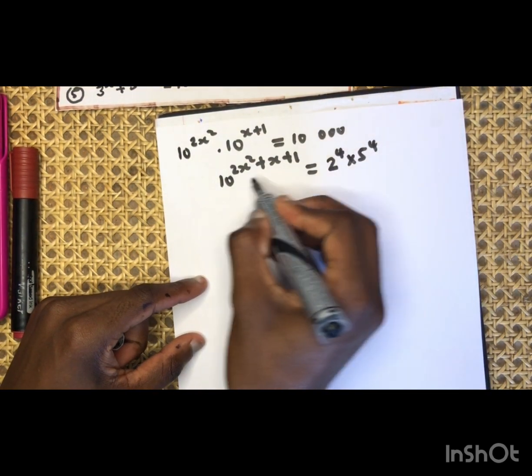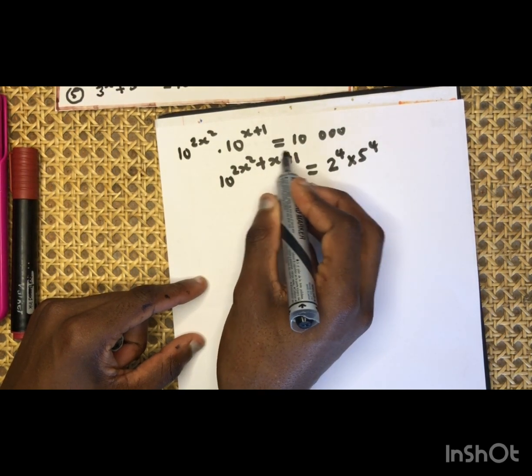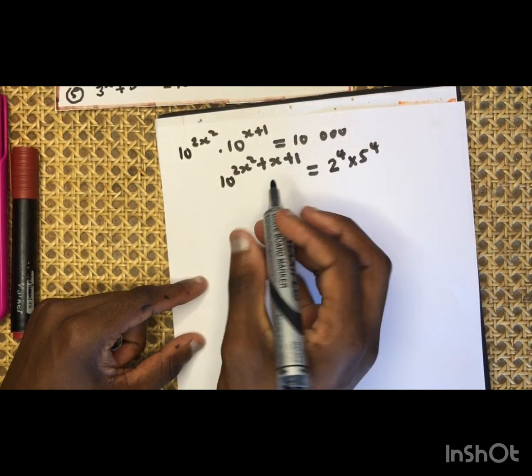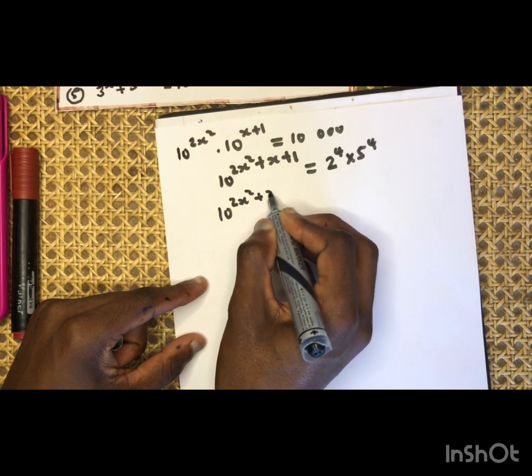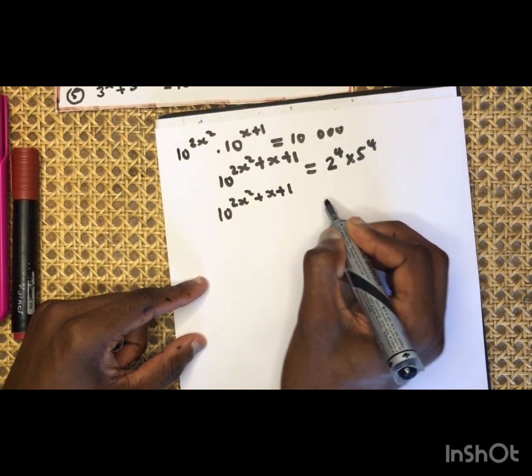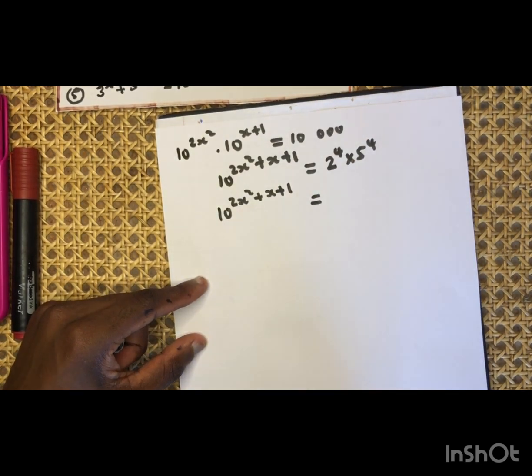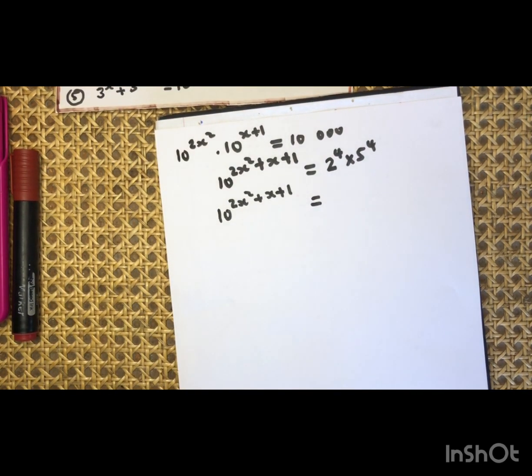So now this is a trinomial, guys. There's no like terms here. So this will remain as 10 to the power 2x squared plus x plus 1. Then we have a problem here. But this problem is a minor problem. Why I'm saying this?